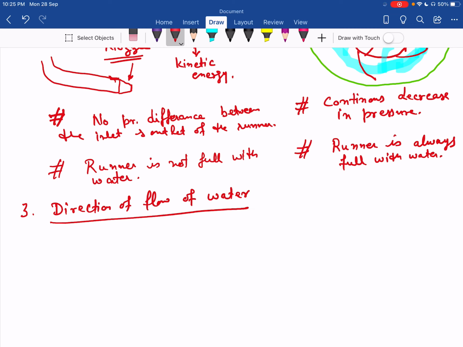On this basis, we have tangential flow turbines, radial flow turbines, axial flow turbines, and mixed flow turbines.